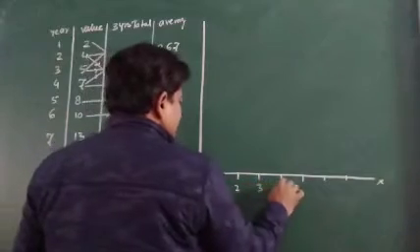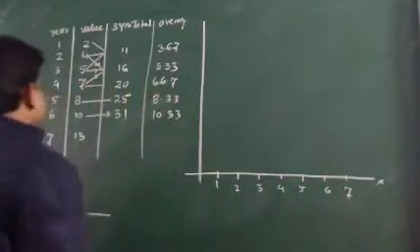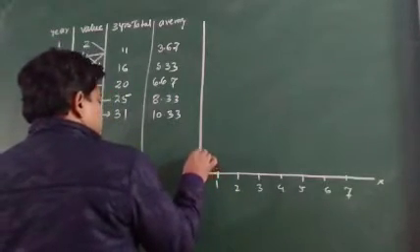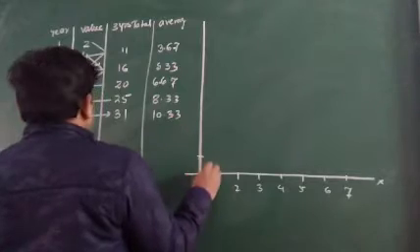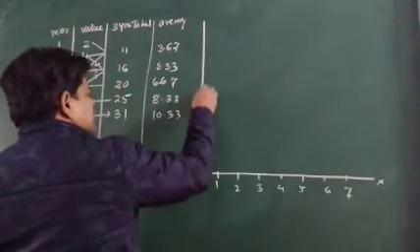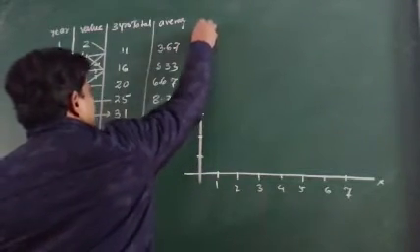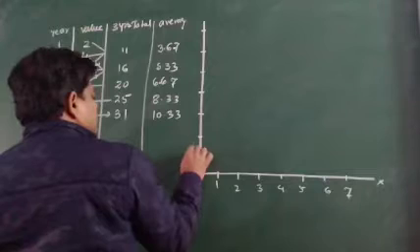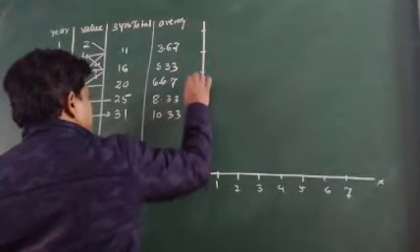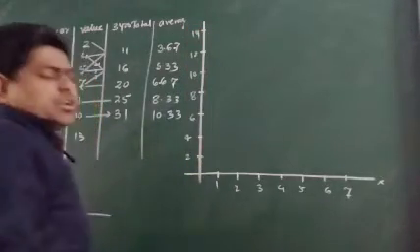Now the values, so the next one is 13. So 2, 4, 6, 8, 10, 12 and 14. These things we can do.